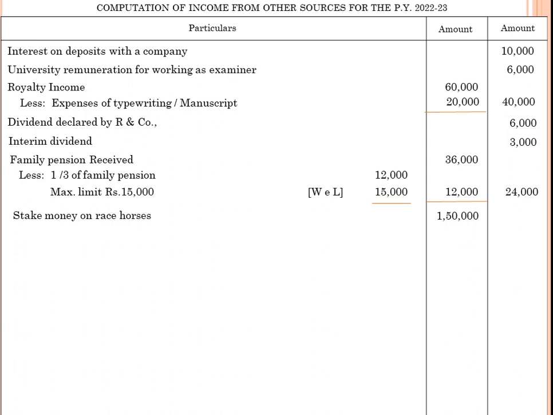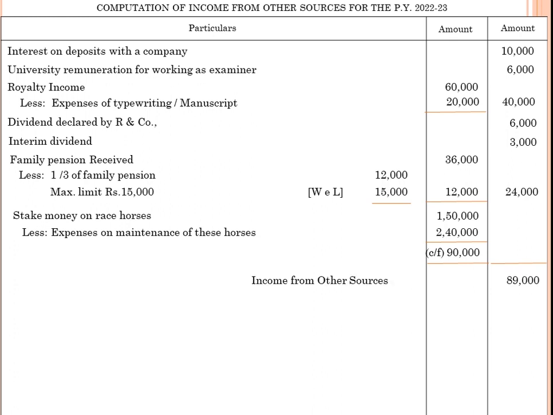So here stake money in horse races is 1,50,000, less expenses on maintenance of these horses 2,40,000. The expenses are in excess of income, and the remaining balance 90,000 we call a loss. That loss should be carried forward to the subsequent year. The taxable part of stake money from horse races is nil.